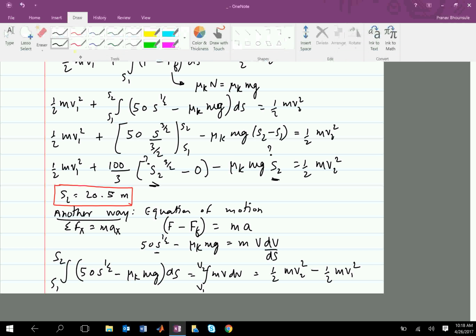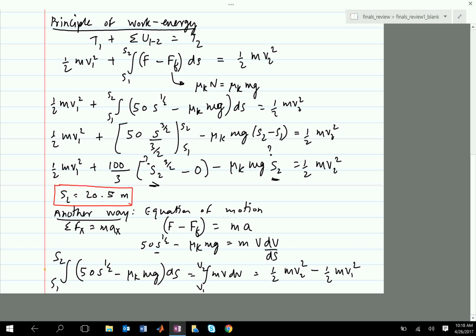The thing to note is that this expression over here is the same as the one over here. These expressions are identical. So if you continue, you'll end up getting the same formulas and the same answer, except that you will not be able to solve it with a calculator because of the s cubed here.